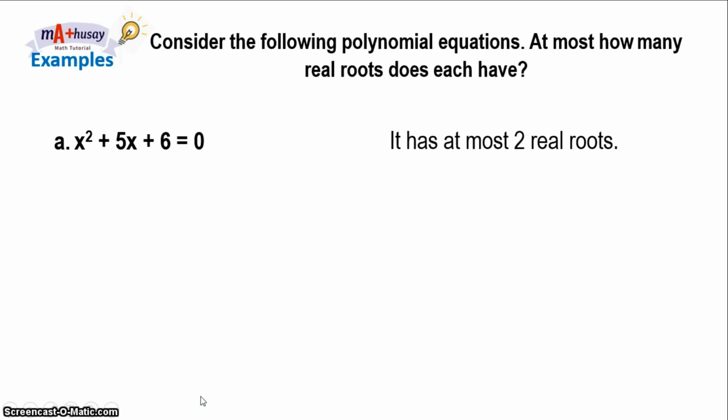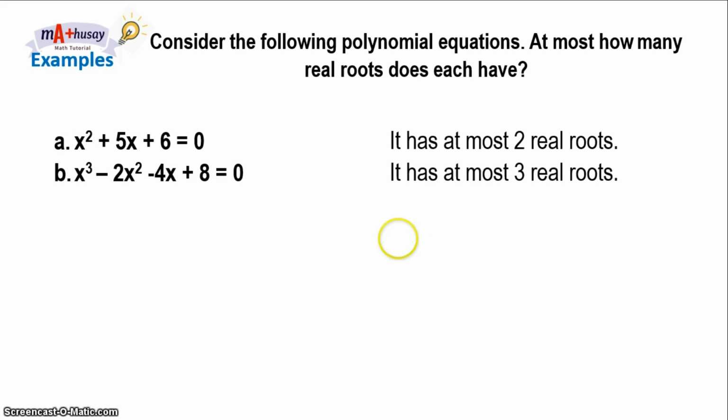Next, we have x cubed minus 2x squared minus 4x plus 8 equals 0. Following the fundamental theorem of algebra, looking at the degree of the leading term, that's cube. So it means this polynomial equation has at most 3 real roots.